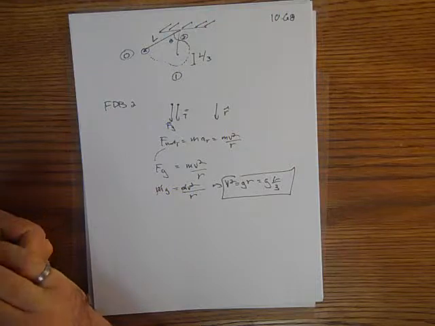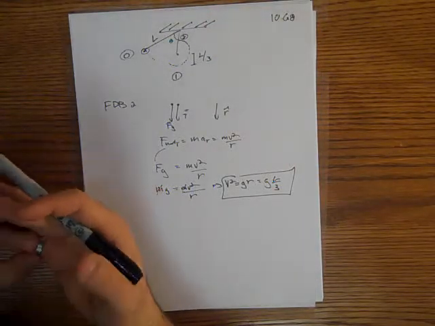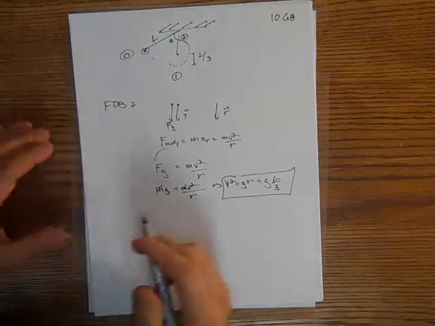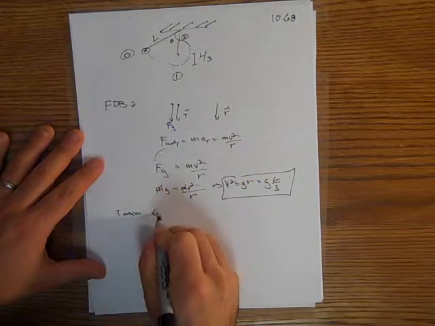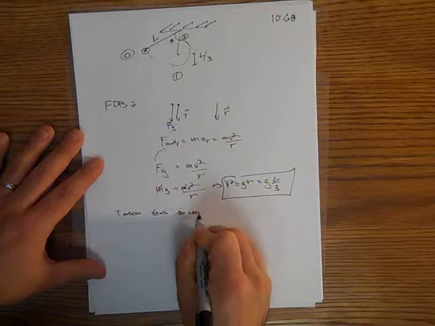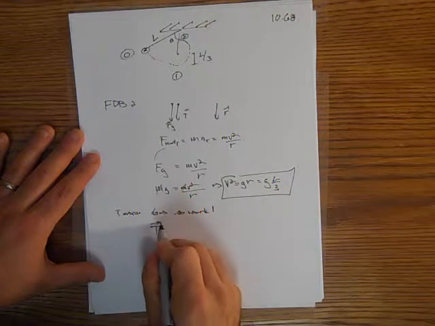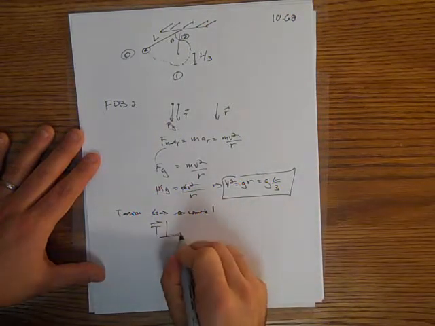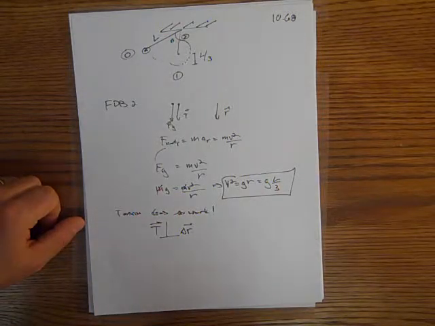The only forces that do work to change the kinetic energy happen to be gravity. Tension doesn't do any work, because all throughout the process the tension is perpendicular to the displacement delta r. So it does no work.